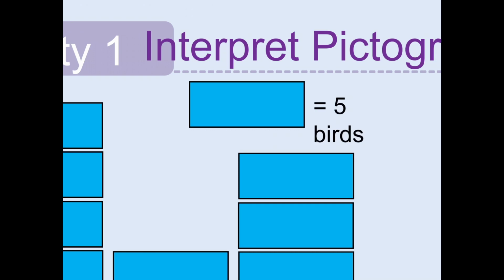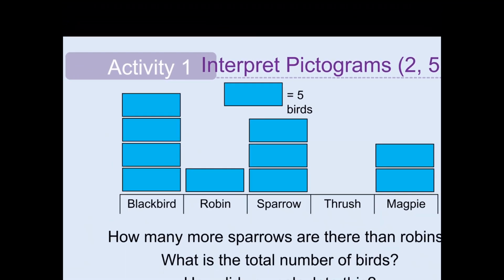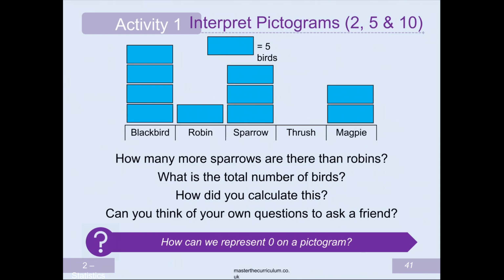So if you see a blue rectangle, it equals 5. Yesterday, it only equaled 1. So today we're looking at pictograms that represent either 2, 5 or 10. So today you'll have to get your multiplication skills ready and rocking to go.